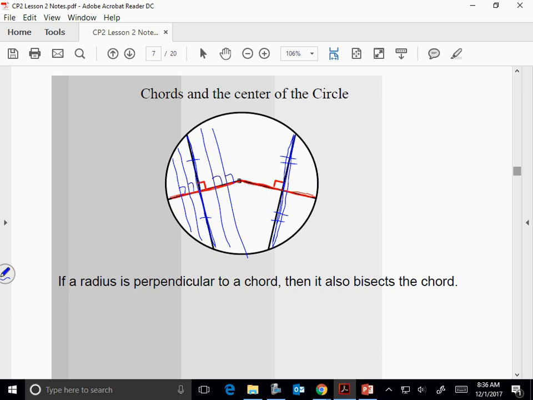As you get closer to the center, it's going to become a longer chord until we get to the longest chord, which is the diameter. So if a radius is perpendicular to a chord, then it also bisects that chord. All right, let's continue.